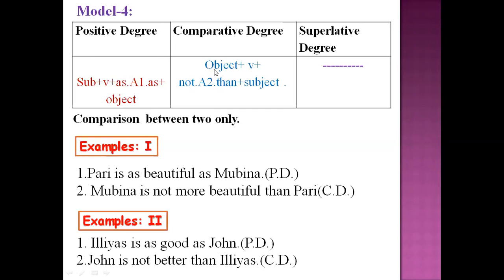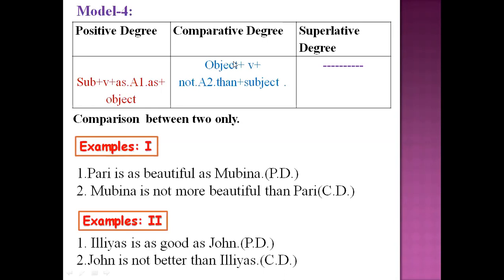In comparative degree, these two nouns or two persons or two things have some inequality. So the structure for model number 4 in positive degree is subject, verb, as, A1, as plus object.